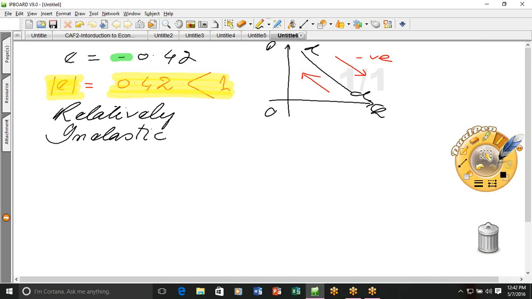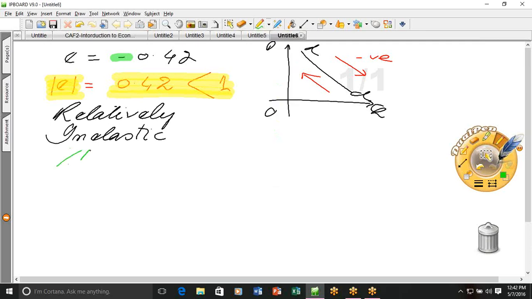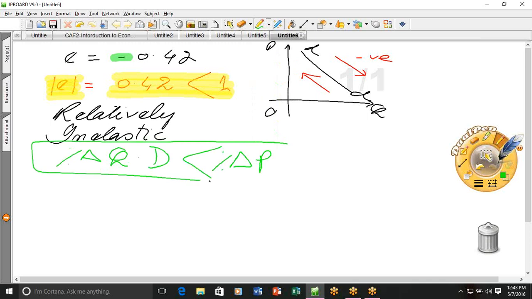It means the percentage change in quantity demand is in fact less than percentage change in price. Demand is responding with less magnitude. Okay? Is it clear?